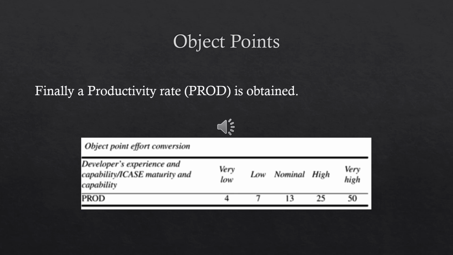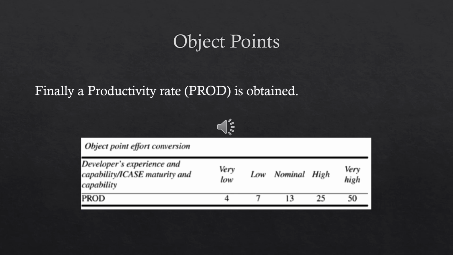While calculating the productivity rate, it would be best if the estimator could use details of past projects to derive this. Here in this table, the developers of the object point have published values to calculate the productivity rate. Developers' experience and capability, I-CASE maturity and capability.